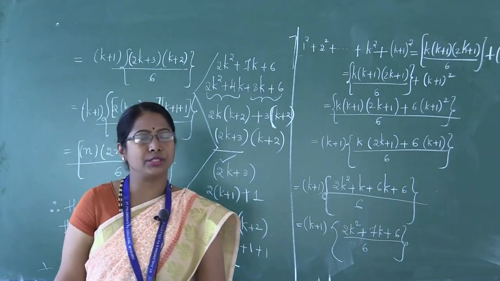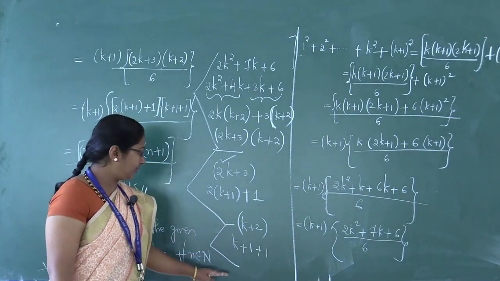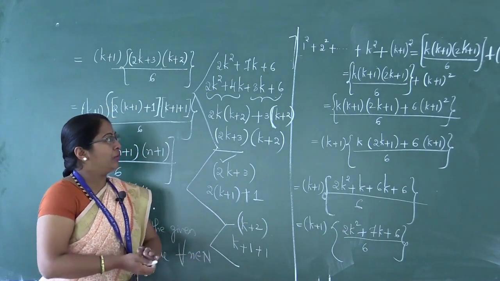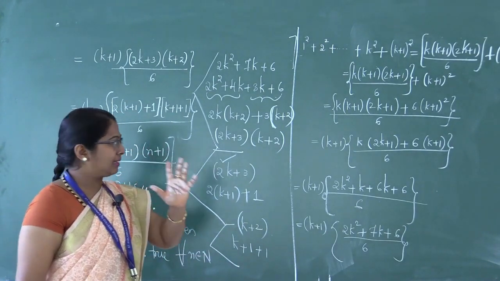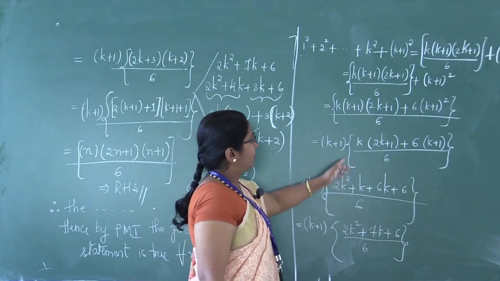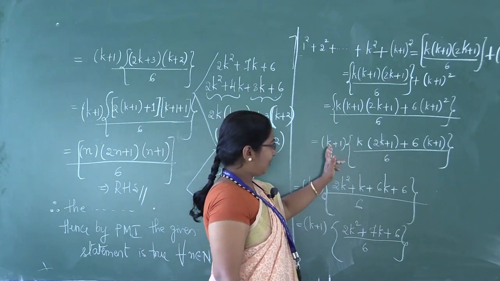This is all about the second problem. The working column part, I'll quickly summarize once again. K plus 1 is taken common here.